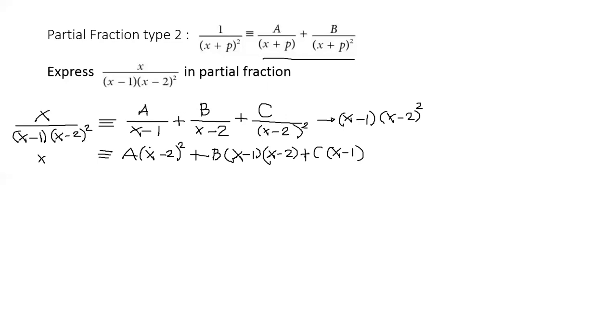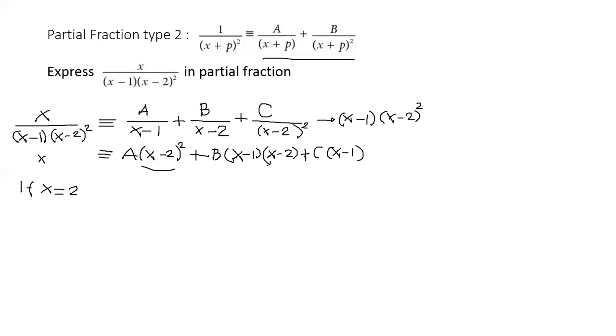Now if x equals 2, because this is x minus 2, this term becomes 0, because 2 minus 2 equals 0. 0 times a is of course 0.